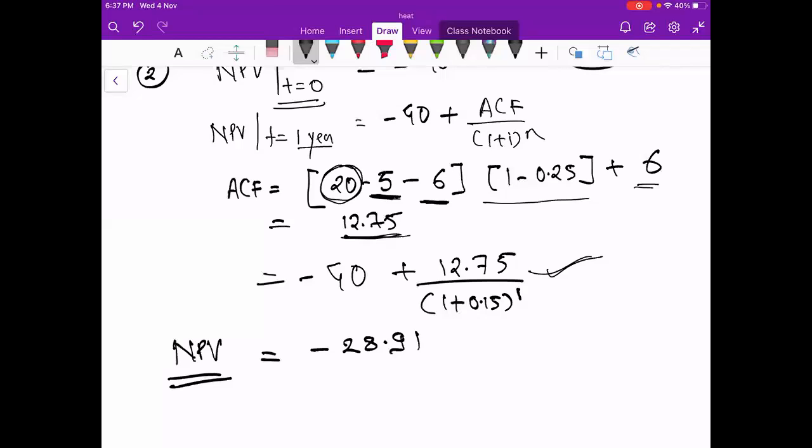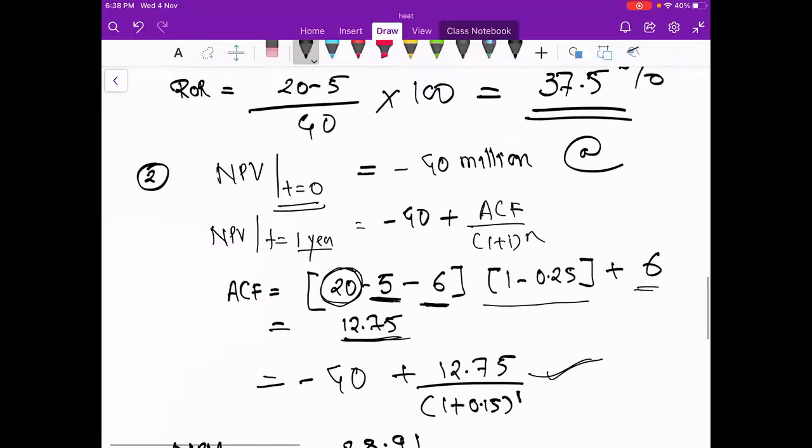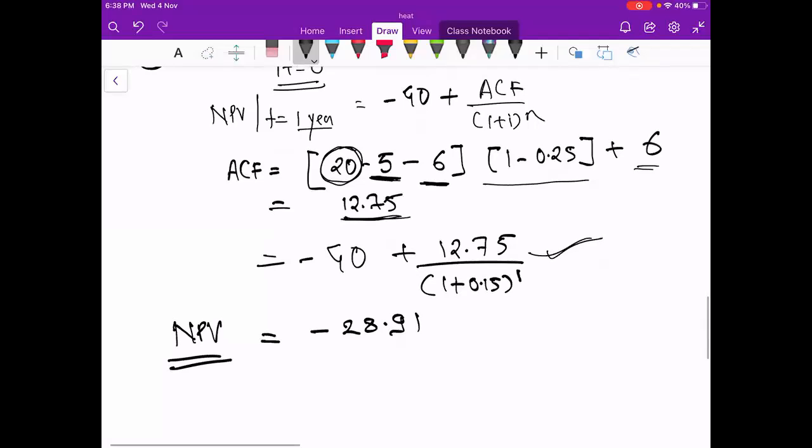Roll number 2111094. Okay, and what is your name? Ranjan. You are telling that I have changed the formula of NPV. Just see what the formula here is. I have used minus invested value plus ACF upon 1 plus I to the power n. If it is an annuity every year, you can just solve it like this.